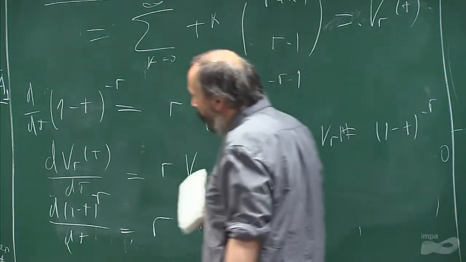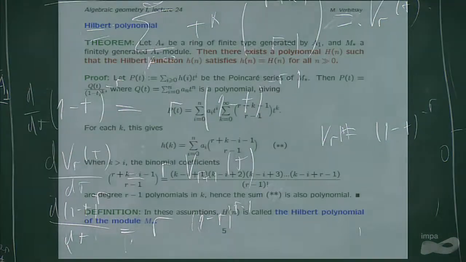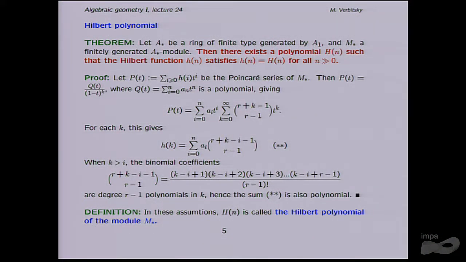Why are we interested in that? This is because for the Poincaré series, the coefficients are in fact polynomial. Well, not quite, because they start being polynomial from a certain point. So for a while they're not polynomial, but for sufficiently big numbers they're polynomial.